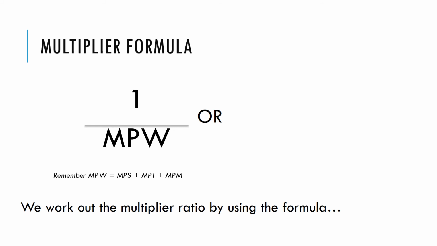Remembering that the marginal propensity to withdraw equals the propensity to save plus the propensity to tax plus the propensity to import. We also said that the marginal propensity to withdraw is the same as 1 minus the marginal propensity to consume. So this is an alternative way of calculating the multiplier ratio. We can take 1 and divide by 1 minus the marginal propensity to consume.